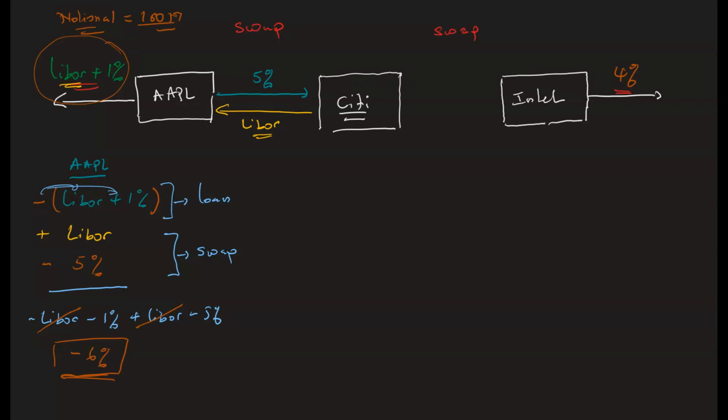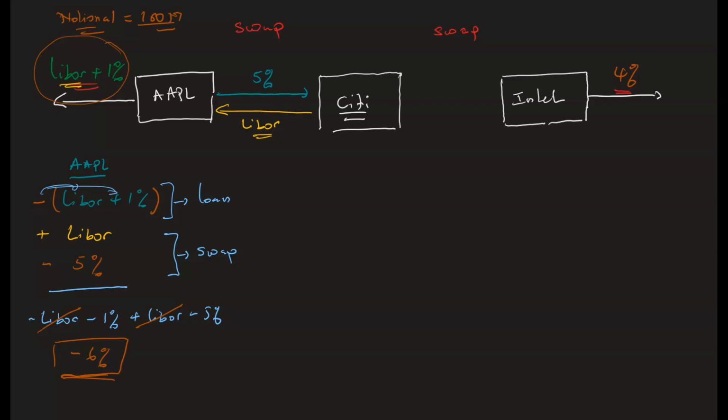Now, how about Intel? Well, before we get to Intel, why would Citi do this in the first place? Citi would be interested in doing this only if they can match this agreement to another agreement by a third party, in this case Intel, in order to earn a spread, right?